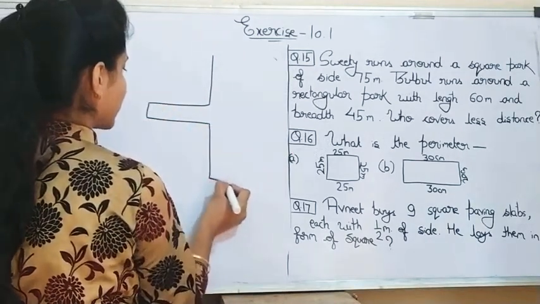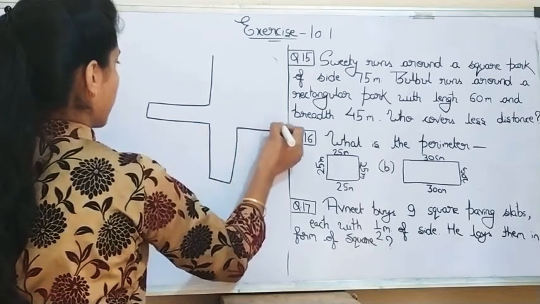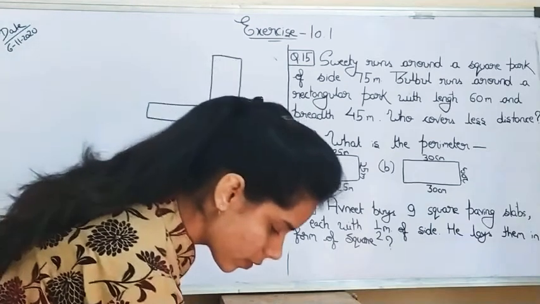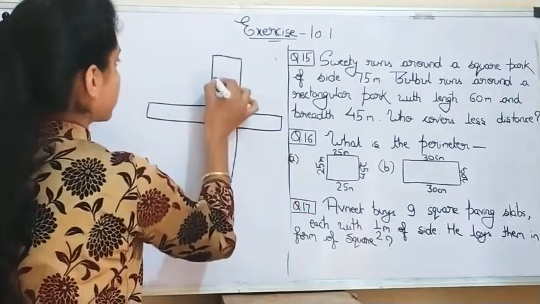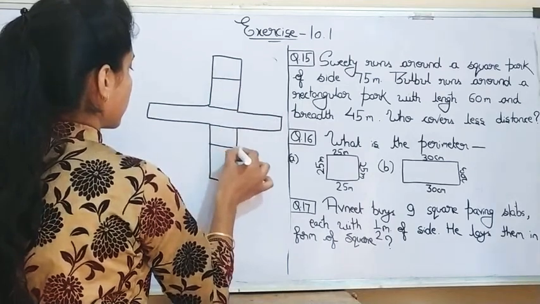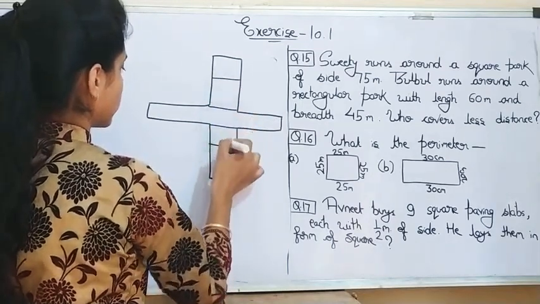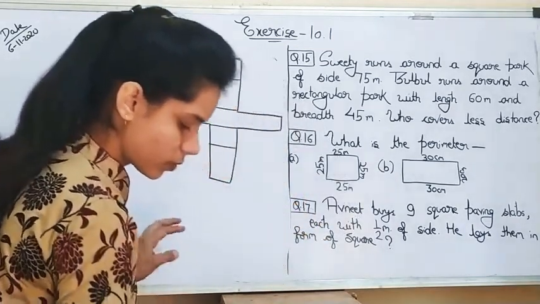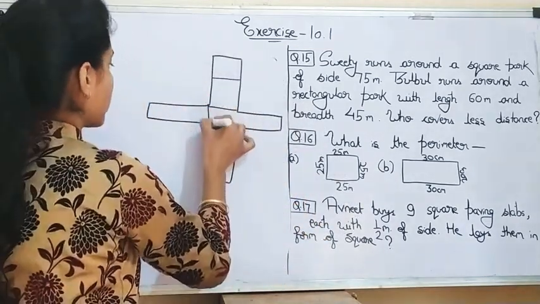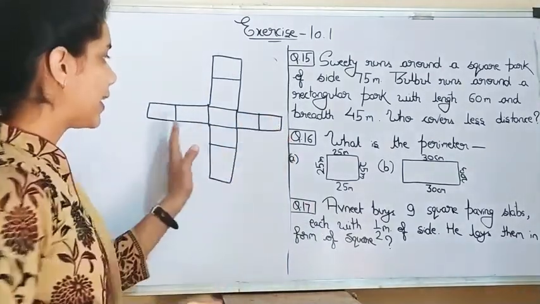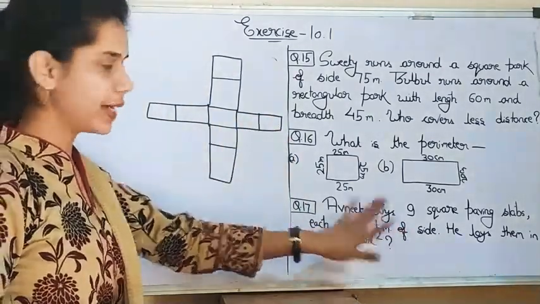In this way it is given, and each side is half meter, as already given.